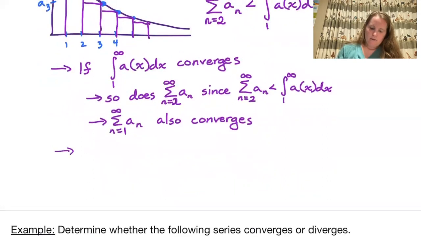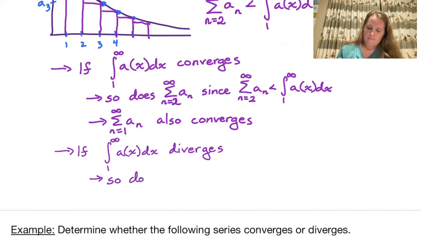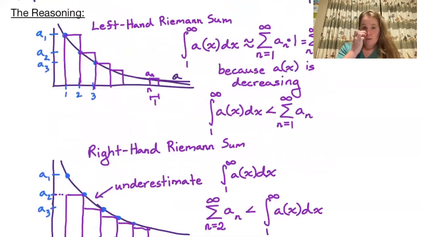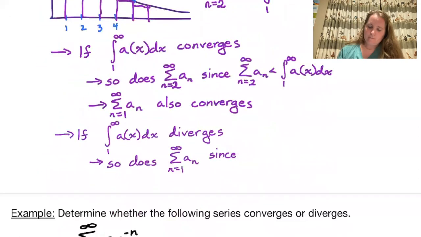Similarly, if the definite integral from 1 to infinity of a of x dx diverges, then so does the sum from n equals 1 to infinity of a sub n, since by our first comparison, the integral from 1 to infinity of a of x dx is less than the sum from n equals 1 to infinity of a sub n.